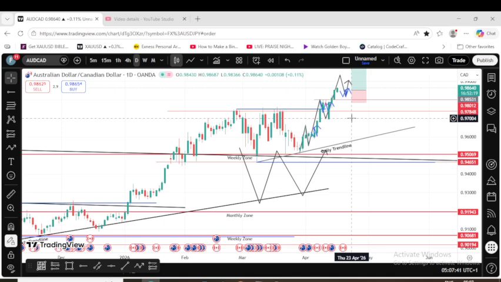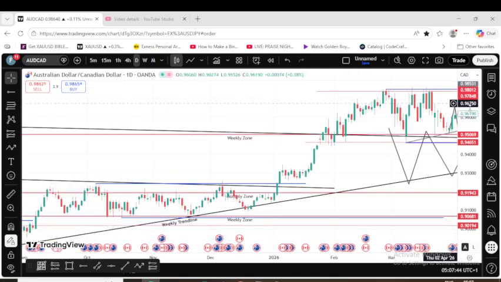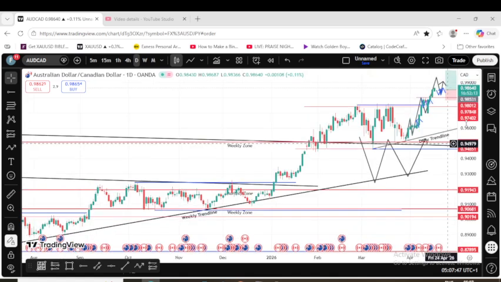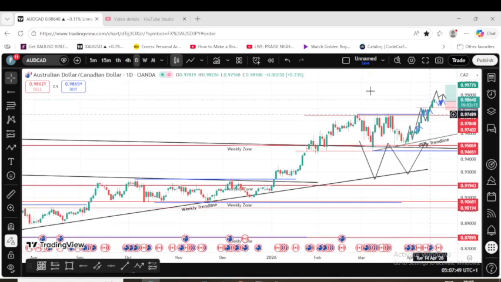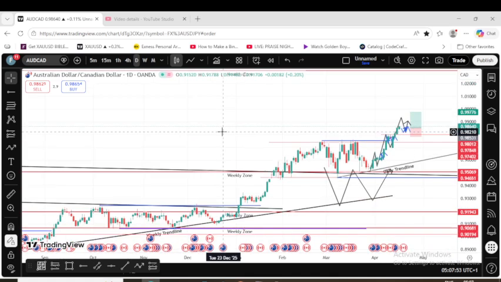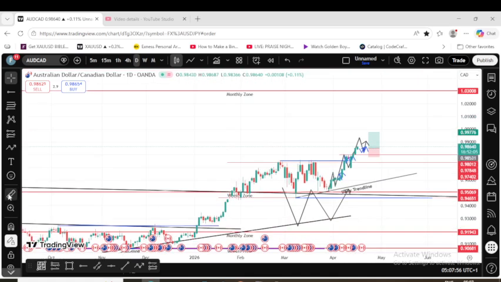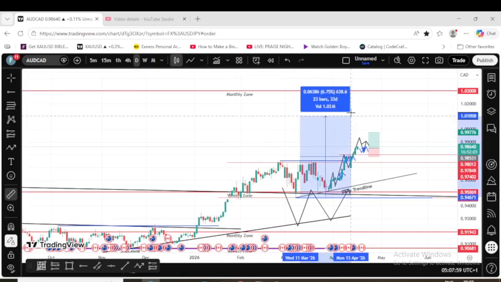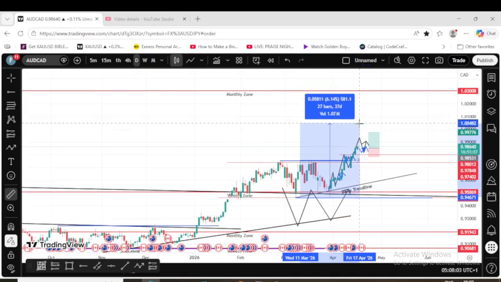That means that from here, we can expect price to travel, let's just say 400 or 500 pips, or 550 for the sake of being conservative.